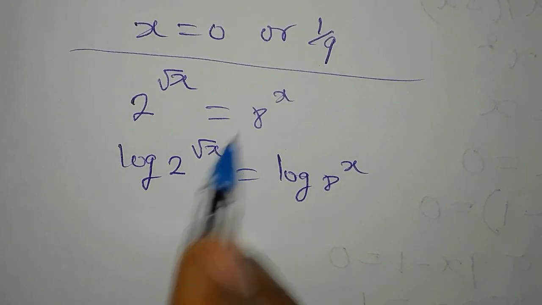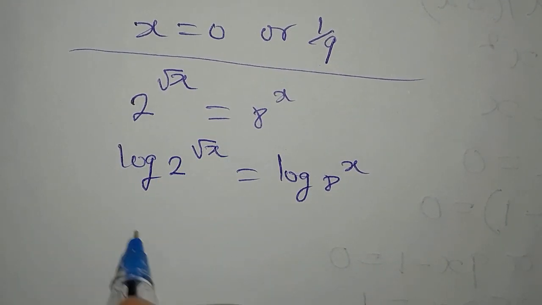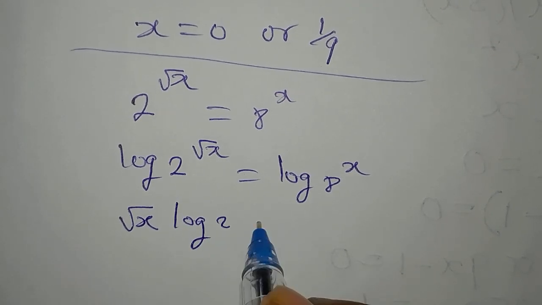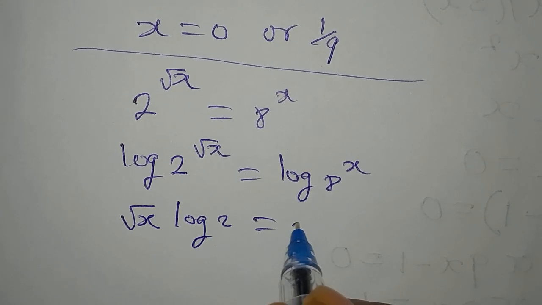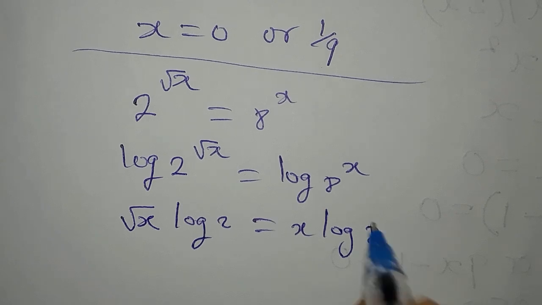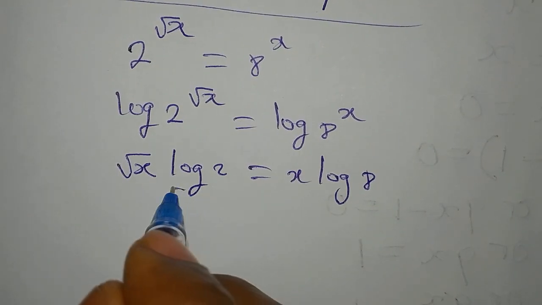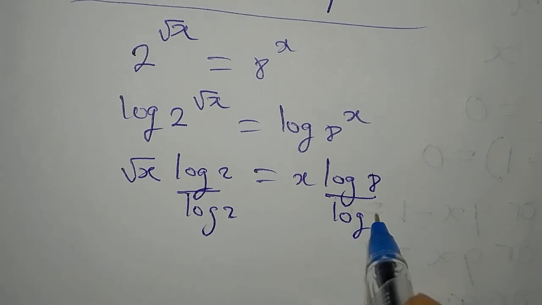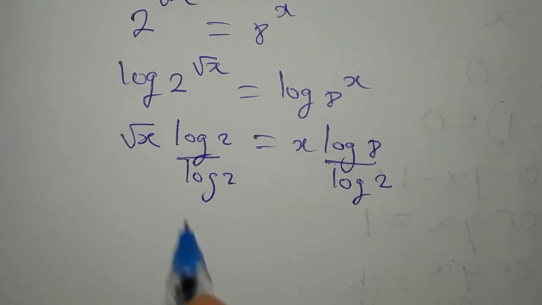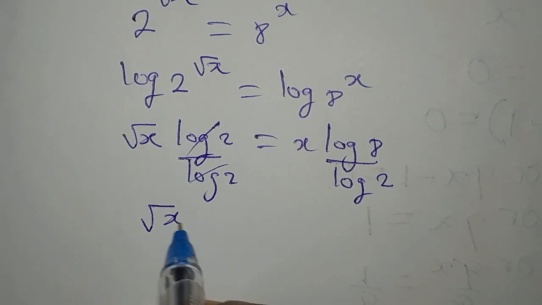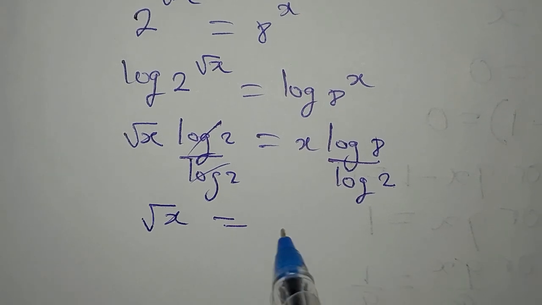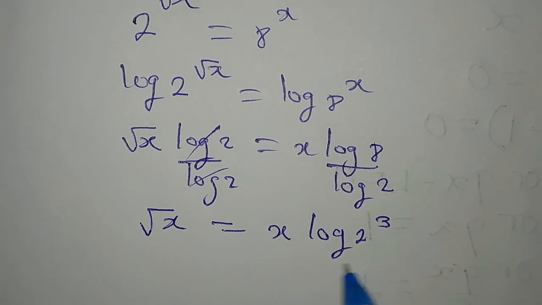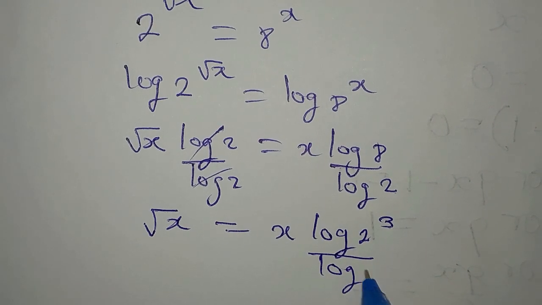Now the power goes in front, so we have square root of x log 2 equals x log 8. Okay, divide this by log 2 and divide this by log 2. Now this will go, so we have square root of x already, and that is equal to x. Then 8 is 2 to the power of 3, so we have log 2 to the power of 3 over log 2.